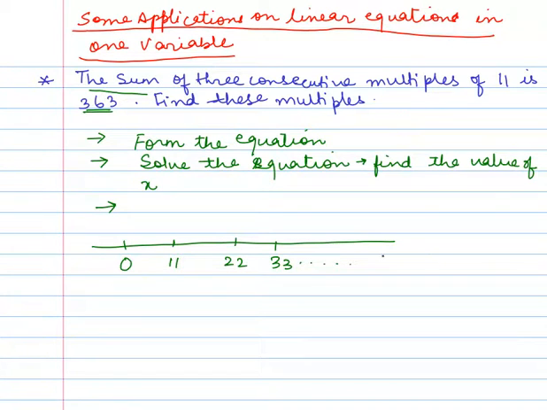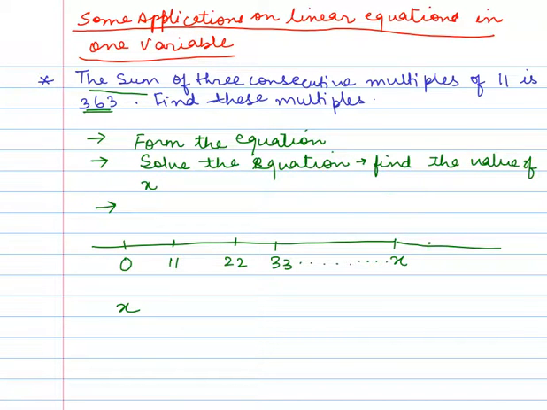All these are the multiples of 11. Because we don't know which multiple it is talking about, let x be a multiple of 11 somewhere over here. X is the multiple of 11.